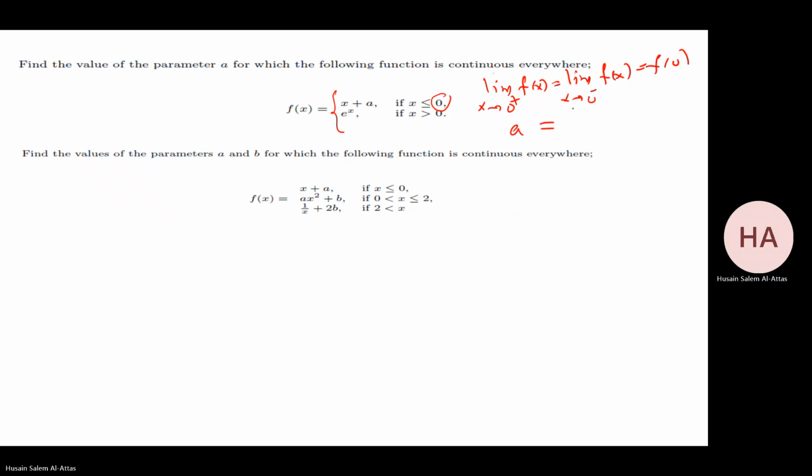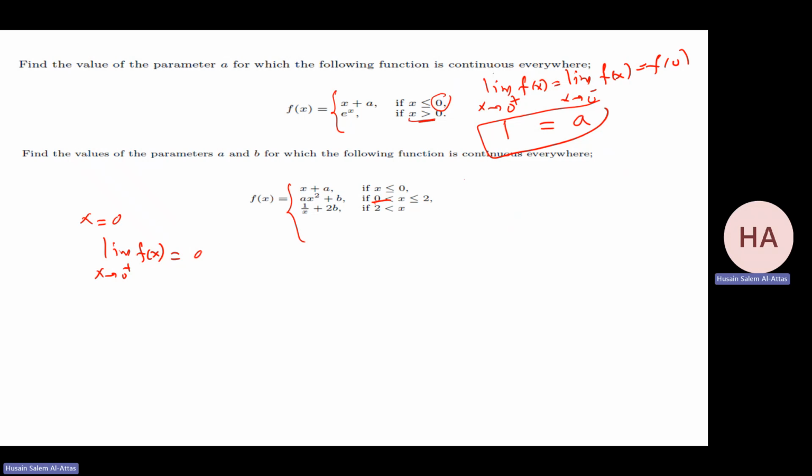A, and this is e to the power, no, here it is positive, e to the power 0 is 1. This is 0 plus a, which is a. Same thing here, everything is defined. So we check x equals 0. I have the limit from right, I am here, which is b.